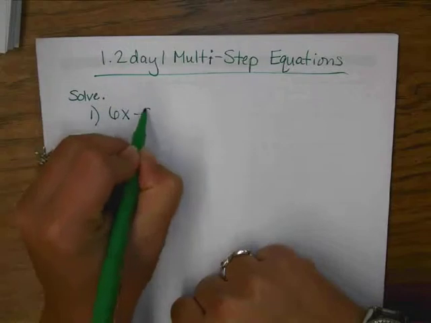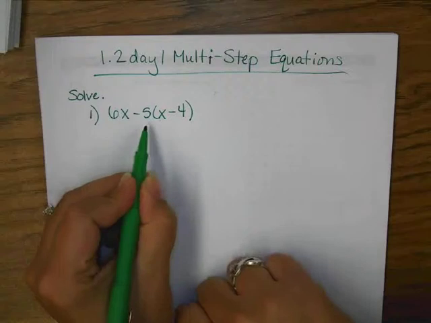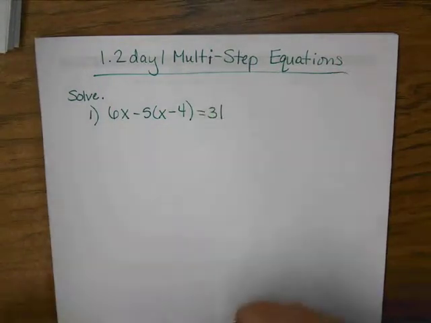So the first one we're going to look at is 6x minus 5 times the quantity x minus 4 equals 31. Okay, so I'll do this one with you. First thing you need to do is basically follow order of operations. Simplify your parentheses.